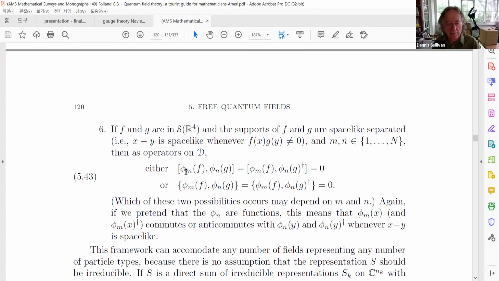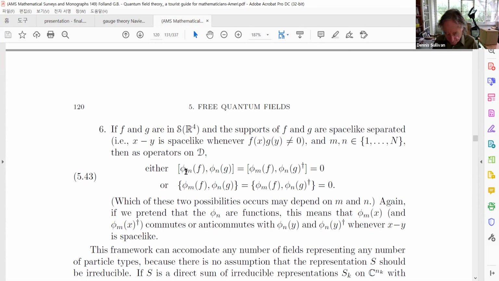Just say, suppose you have two distribution valued operators, and everybody has a common domain of definition. Yes. Then on these Schwartz functions, right?